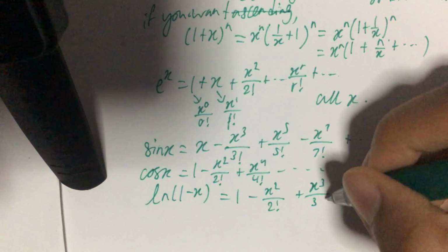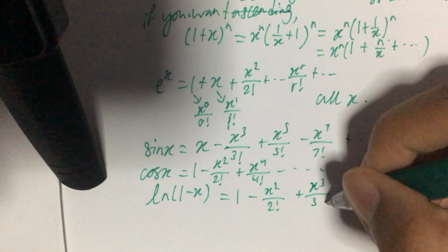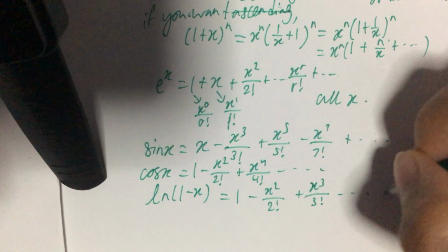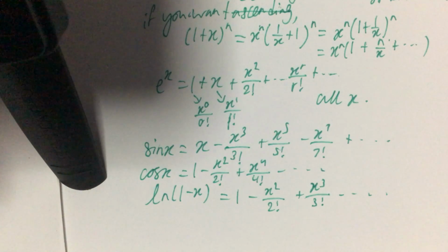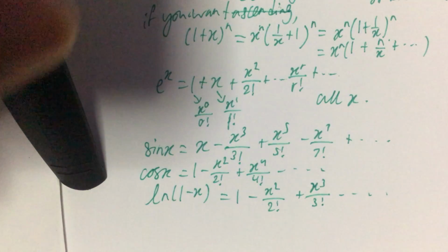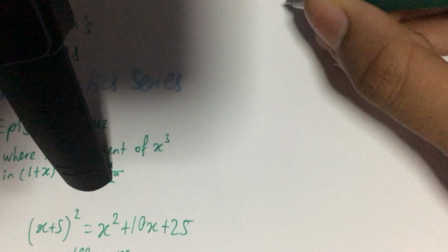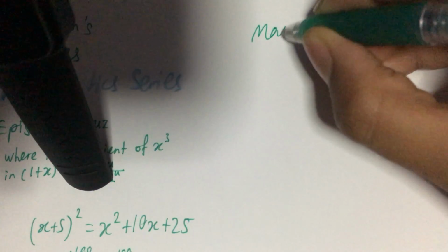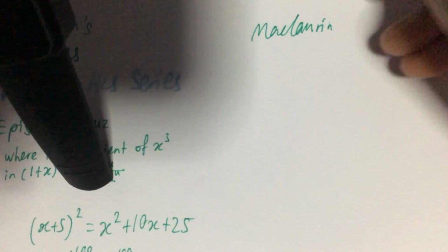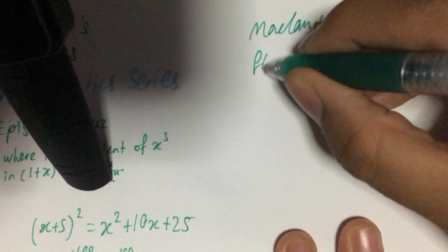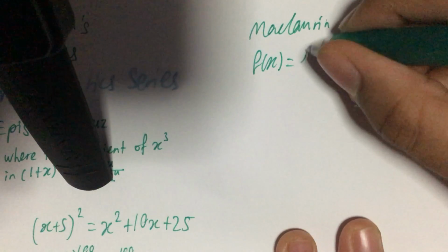Before we move on to the stuff that I actually care about, let me tell you why all of these expansions work. If you look at the expansion right on top of the list, the one with f(x), the Maclaurin expansion is f(x) equals f(0) plus x times f prime 0 plus x squared over 2 factorial times f double prime 0, and so on.